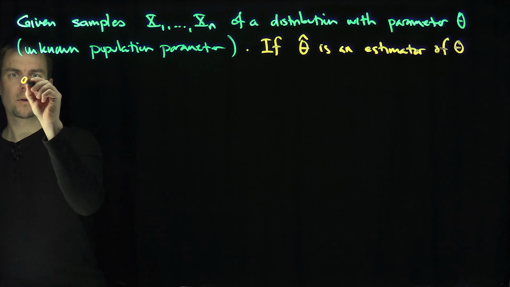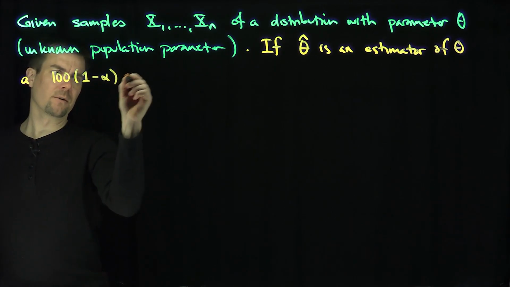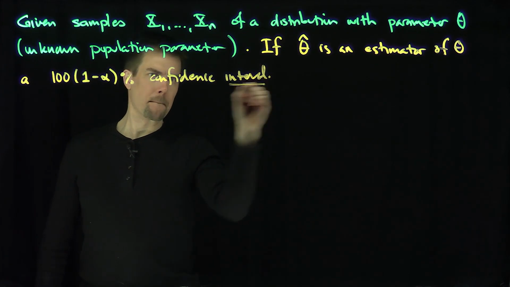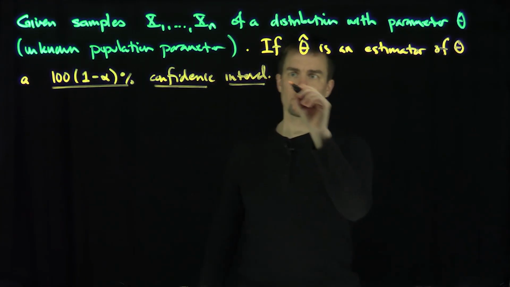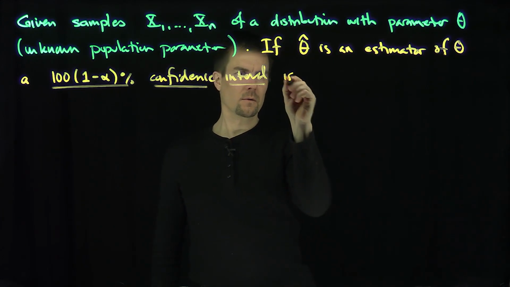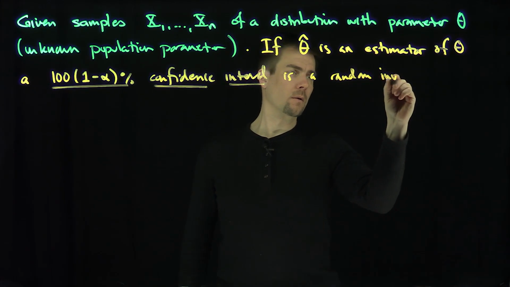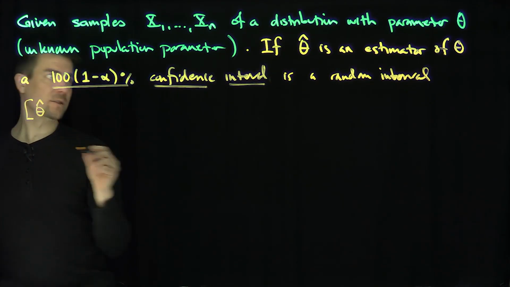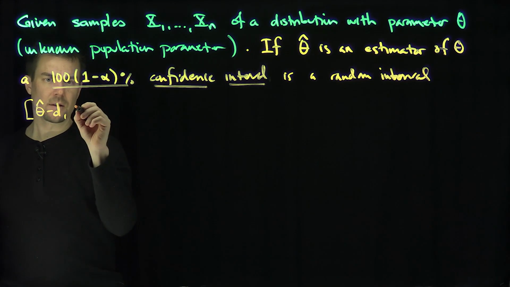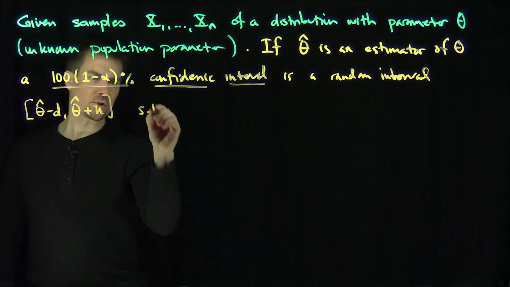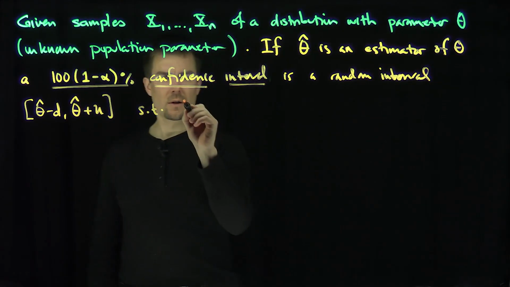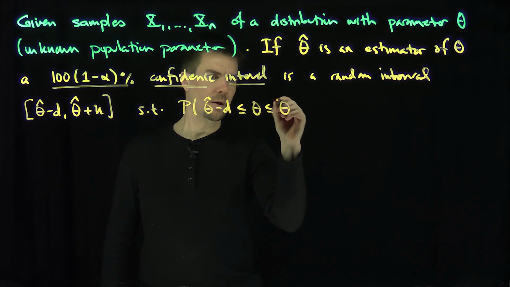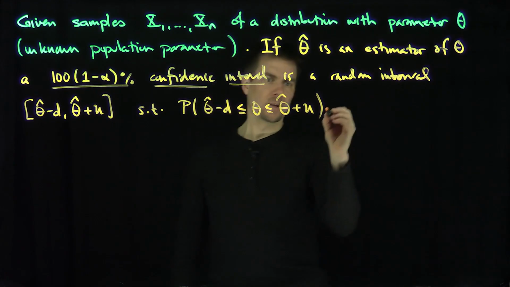A 100 times 1 minus alpha % confidence interval is a random interval that has the following form: theta hat, because that's my estimator based on the data, theta hat minus d, up to theta hat plus u, such that the probability that theta lies in that interval, theta hat minus d less than or equal to theta less than or equal to theta hat plus u, is equal to 1 minus alpha.